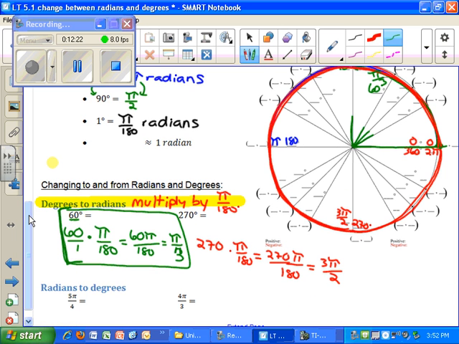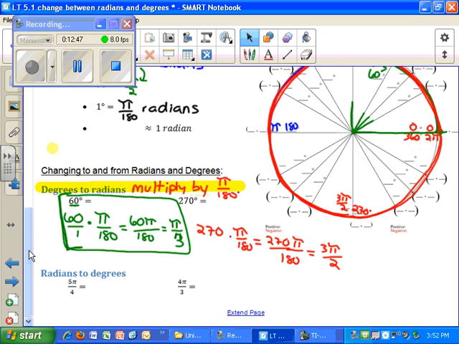We also want to be able to take an angle that's measured in radians and figure out approximately how many degrees that is, especially because you've had a lot more experience with measuring angles in degrees. You want to be able to picture how many degrees is in 1 radian, or how many degrees is in 5 pi over 4 radians.